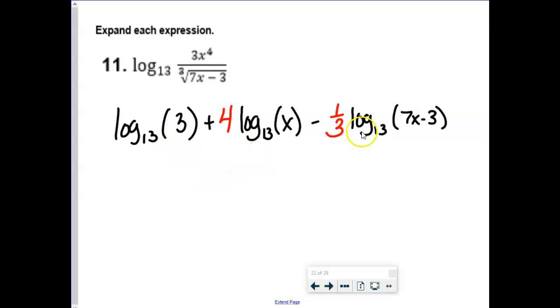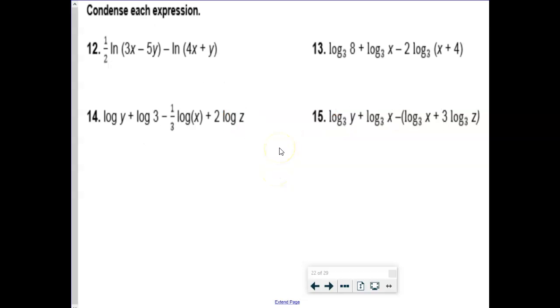I think Jacob's referring to the term order of the adding and subtracting. Which sometimes kids get confused on something like 14, where the order's all screwed up. Notice we have a positive logarithm, a negative logarithm, and then another positive logarithm.